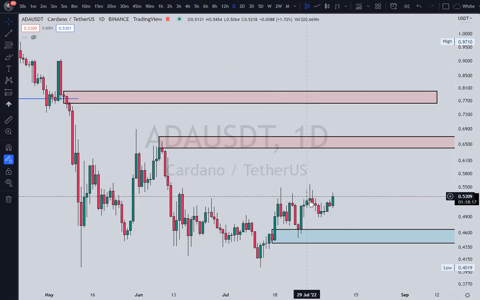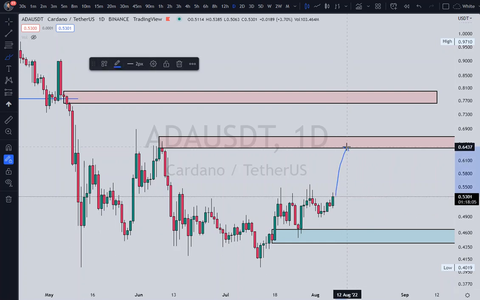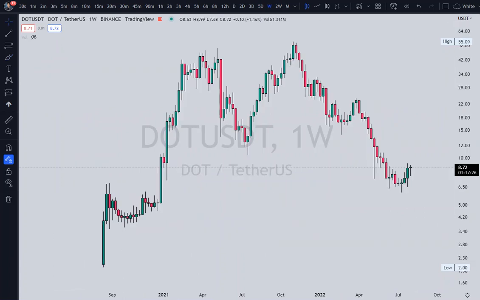So it's not a good sign, it's a sign of weakness. But the good point is this low is much higher than the previous low, and I expect to see a pump to this resistance area around 65 cents. Then we should see what will happen. If it can break this resistance and stay above it, then the next resistance would be around the 80 cents area. This is for Cardano and what you need to know.